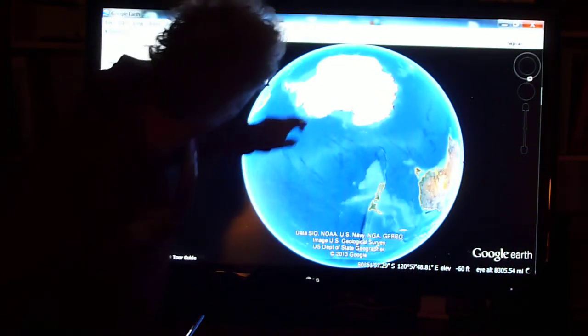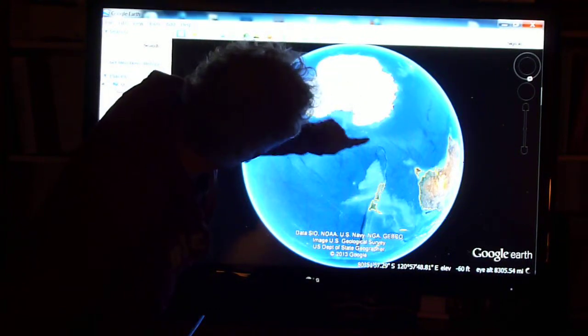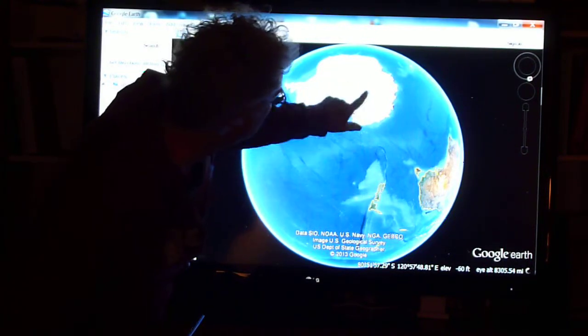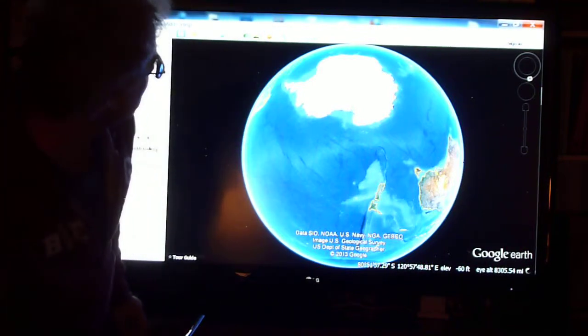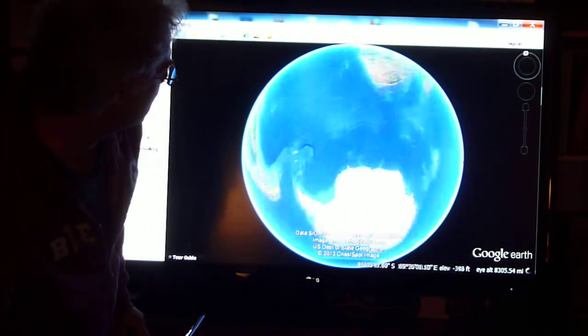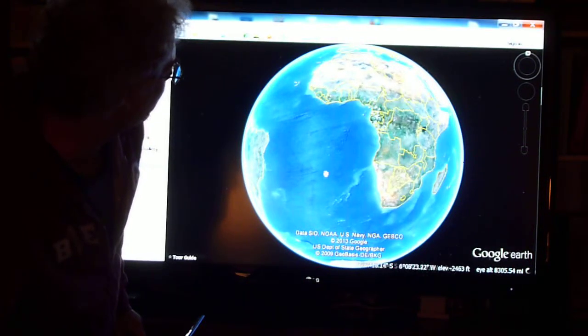You can see from this area, it also comes out into New Zealand, Australia. So you see the emanation of crustal material from the south.